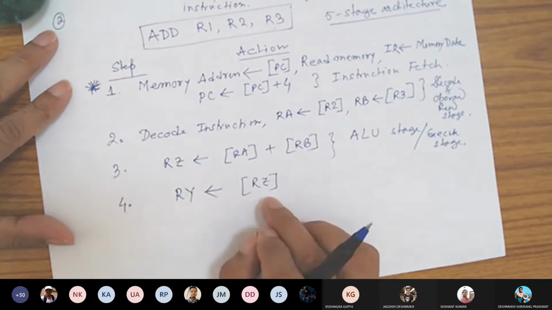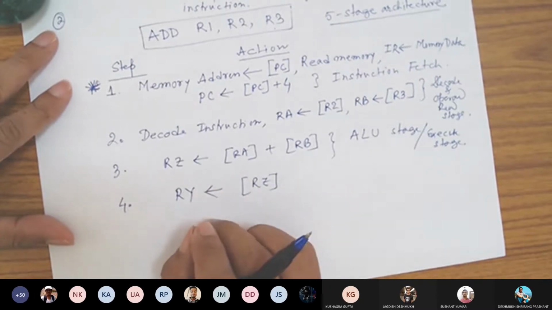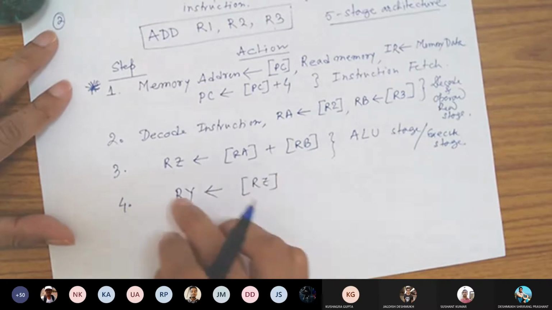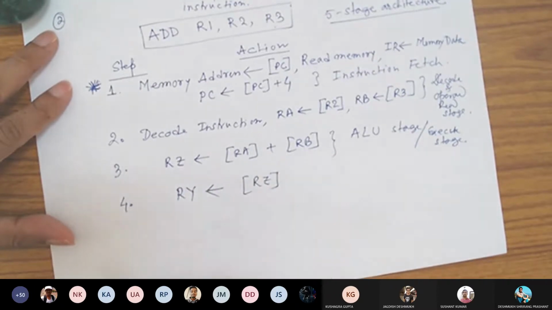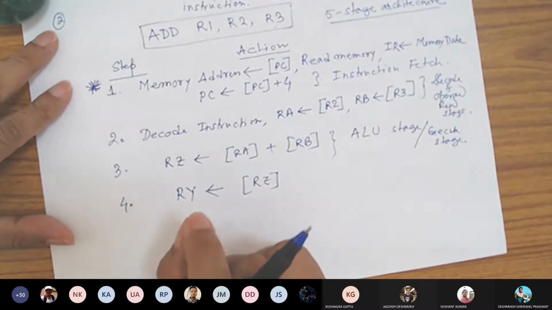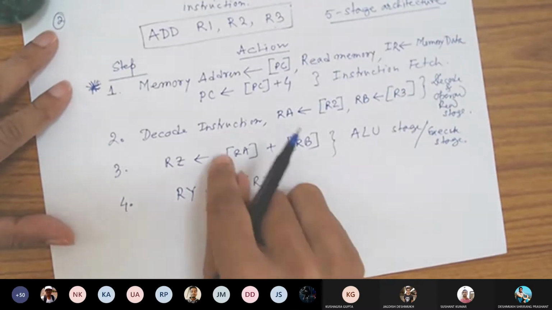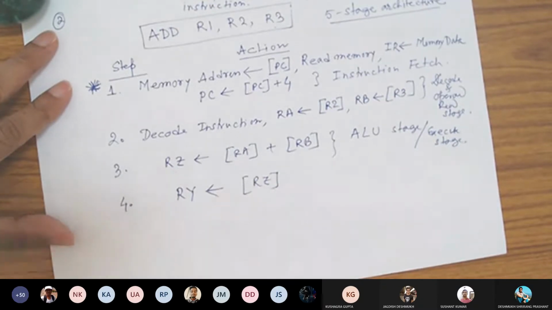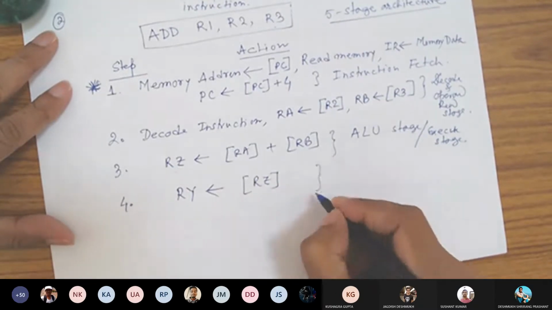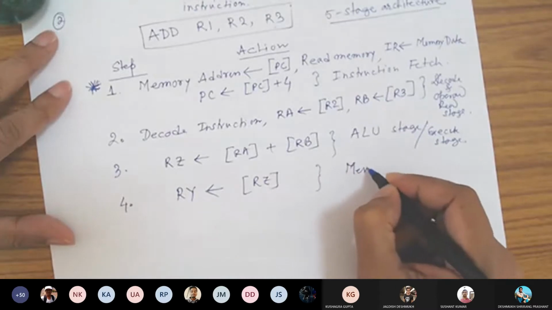During this transfer, the control signal for the multiplexer Y is generated appropriately, so that the RZ line will be selected and passed through the multiplexer to RY. So this is the memory stage.